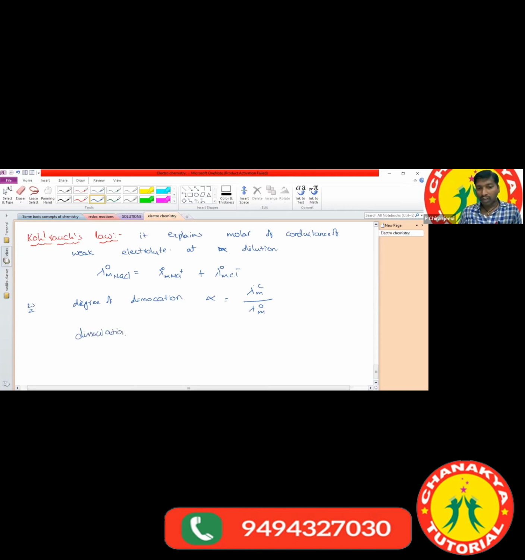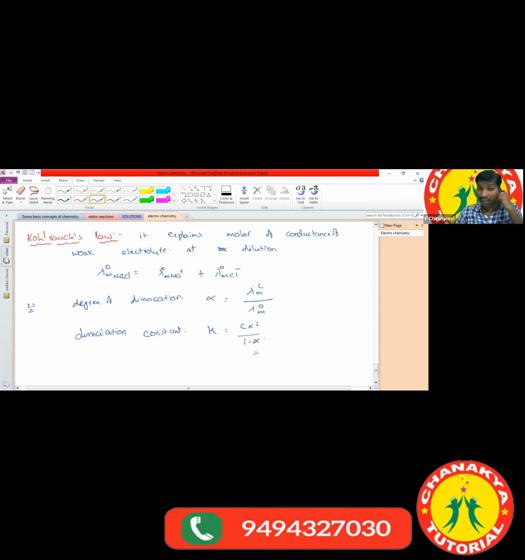The formula is K is equal to C alpha square by 1 minus alpha. If you substitute the alpha value in this equation, you will get the answer.